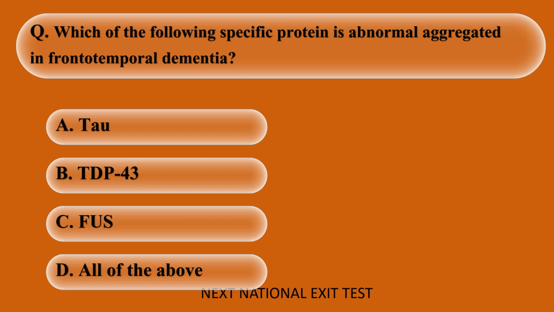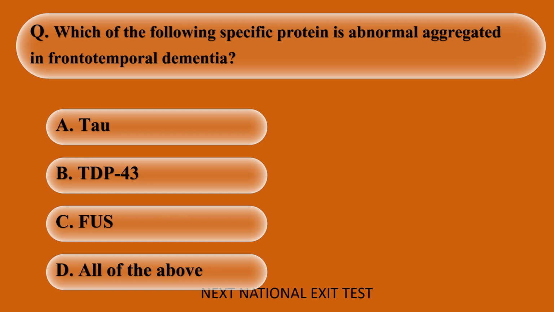Now what are the clinical features of frontotemporal dementia? It often presents with changes in behavior, personality and emotional regulation. Affected individuals may exhibit disinhibition, apathy, lack of empathy, and socially inappropriate behaviors. So such a drastic change in behavior occurs. Language problems are also common in FTD.